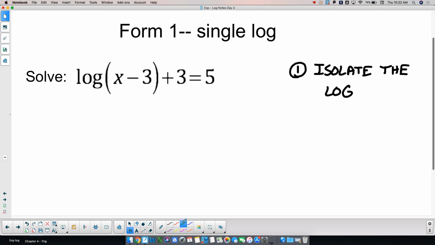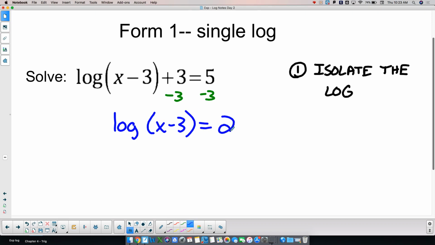In this particular case, I'm going to subtract 3. Then, once you have that log isolated, you are going to switch forms.